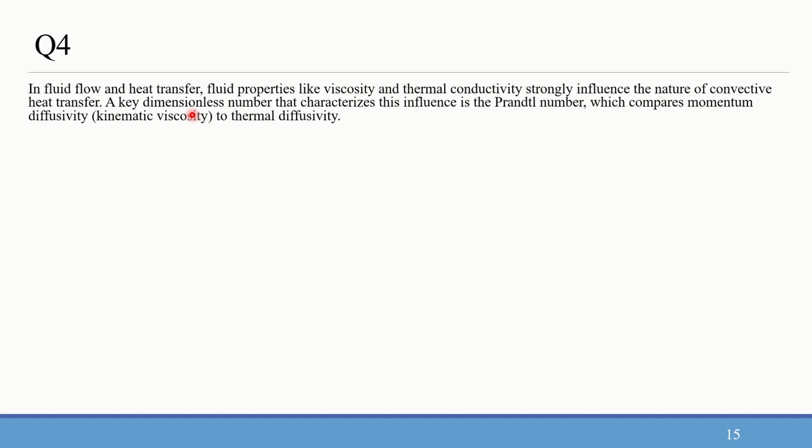Now we are into question 4. Again, I guess it is a similar question. In fluid flow and heat transfer, fluid properties like viscosity and thermal conductivity strongly influence the nature of convective heat transfer. A dimensionless number that characterizes this influence is the Prandtl number, which compares momentum diffusivity to thermal diffusivity.